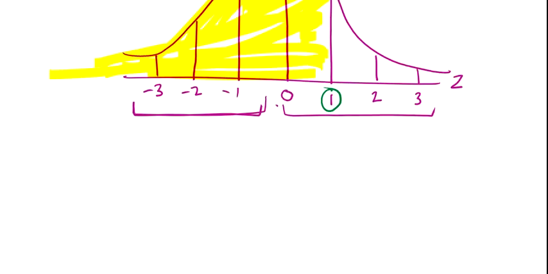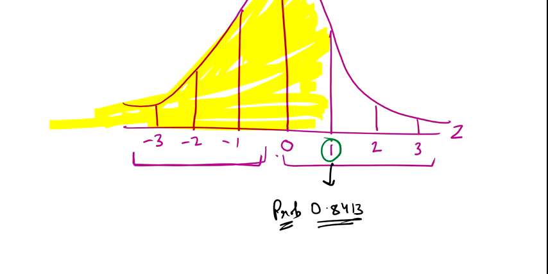Now if we look at the z table for 1, it is giving us 0.8413. This is the probability when the z value is equal to 1. Now if I ask you, what is the probability towards the right of 1?